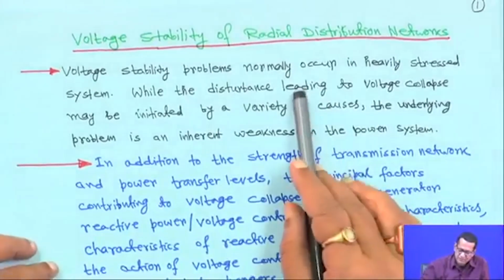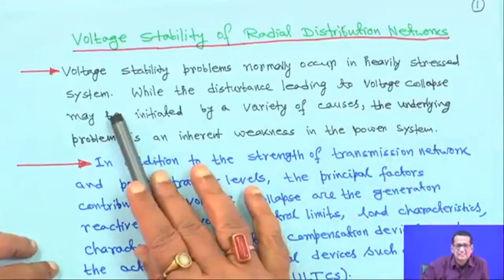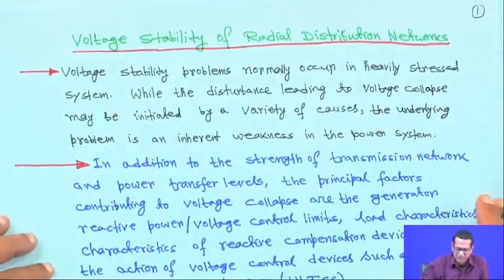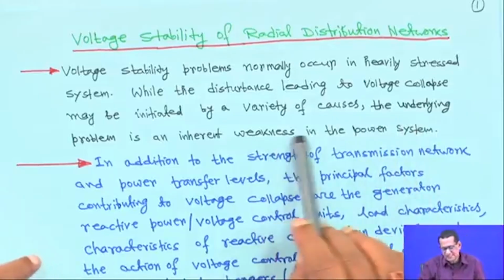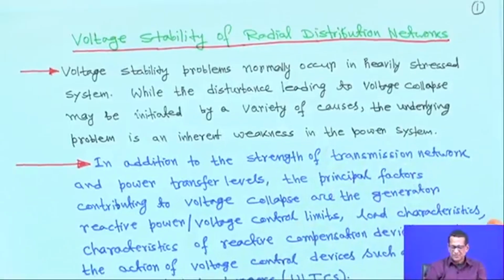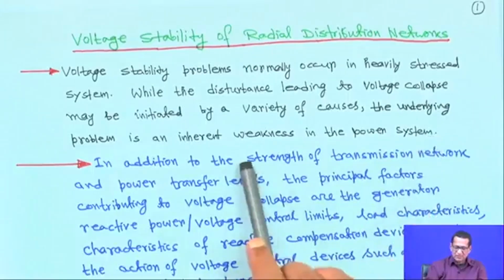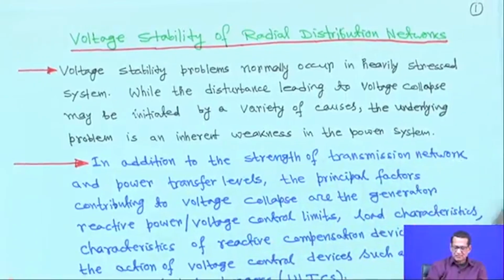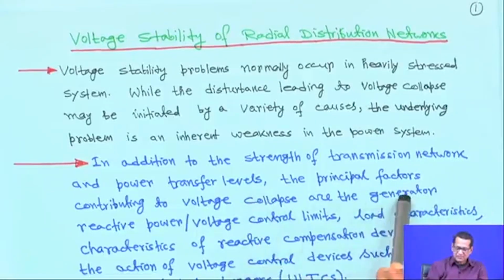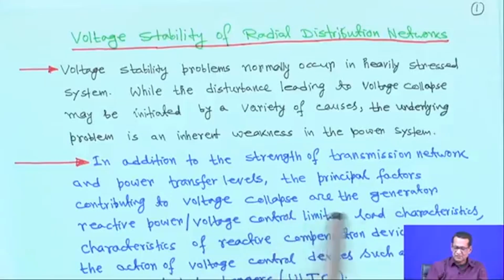Voltage stability problems normally occur in a heavily stressed system, when it is heavily loaded, while the disturbance leading to voltage collapse may be initiated by a variety of causes. The underlying problem is an inherent weakness in the power system. In addition to the strength of the transmission network and power transfer level, the principal factors contributing to voltage collapse are the generator reactive power and voltage control limits.